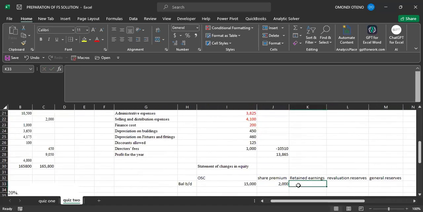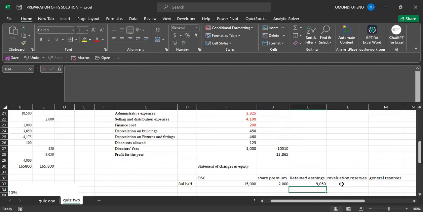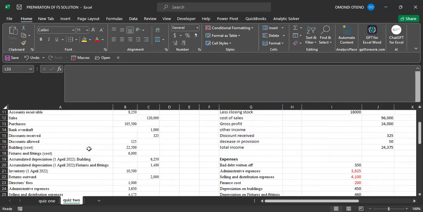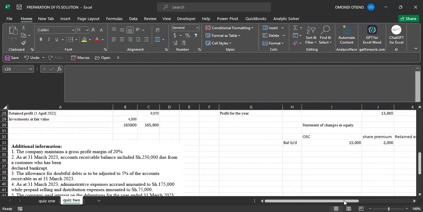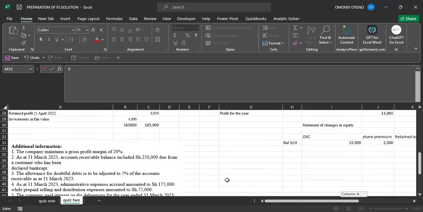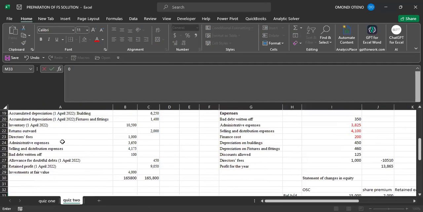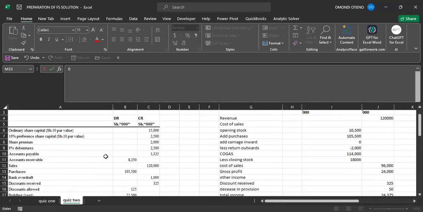Retained earnings? Yes. Revaluation reserves, let's check. We don't have any there, so just write 0. General reserves, do we have an opening balance? I doubt it. We don't have any. Good.